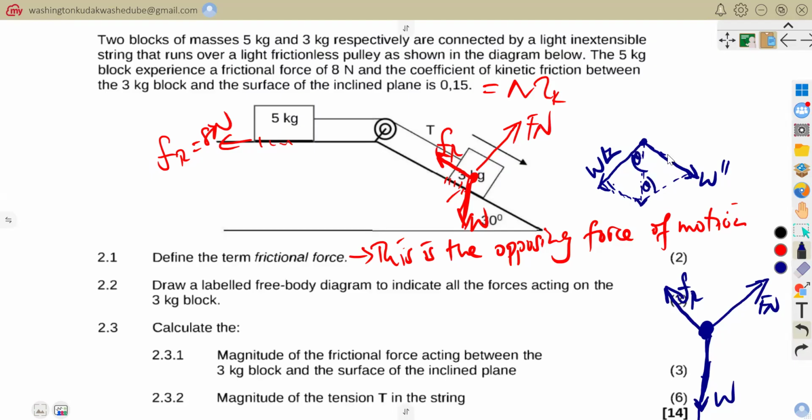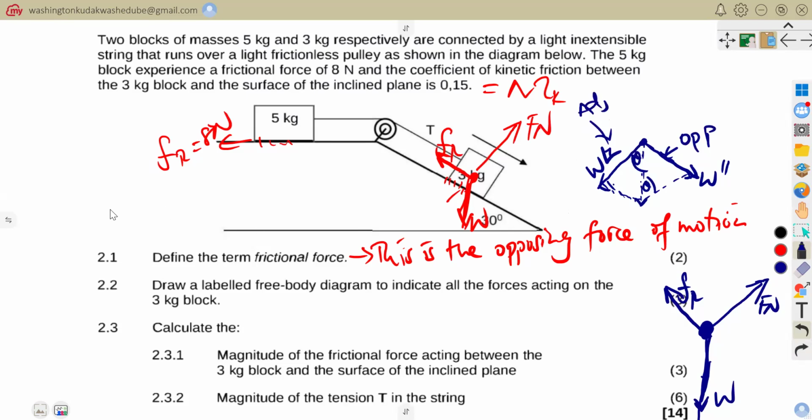So this would be opposite, sorry. This becomes your opposite, and that becomes your adjacent.